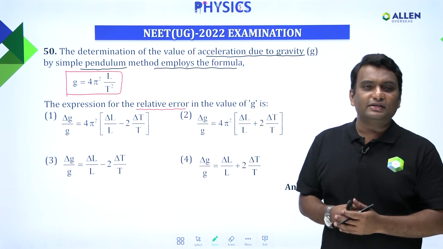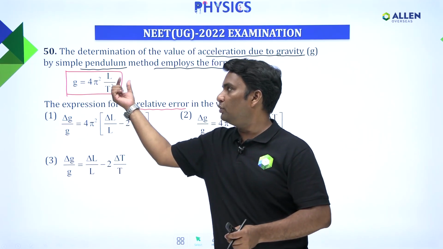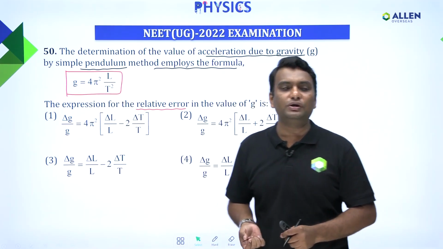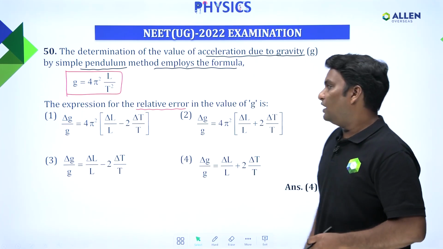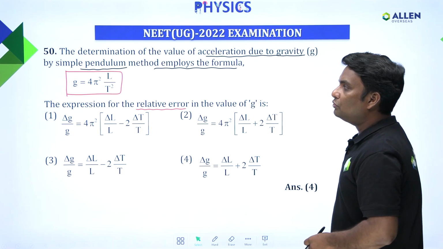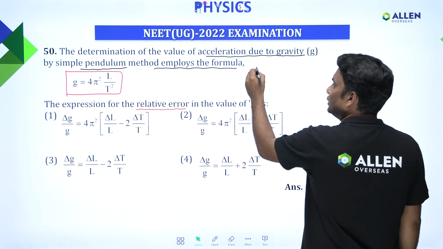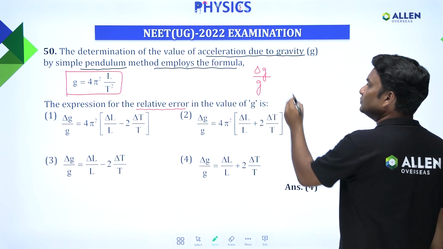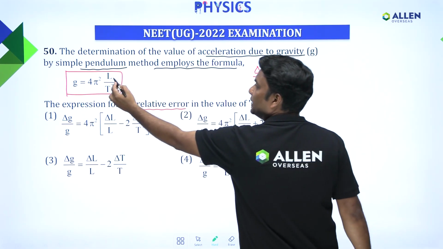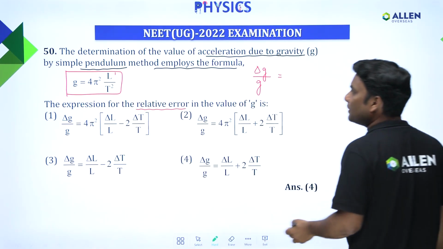Now we know that irrespective of whether g is proportional to L or inversely proportional to t square, errors are always going to get added up. So the relative error, which we can write as delta g by g, is going to be dependent on L. Here nothing is there, so I can assume the power is 1.